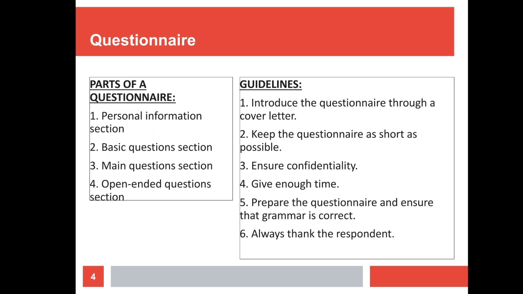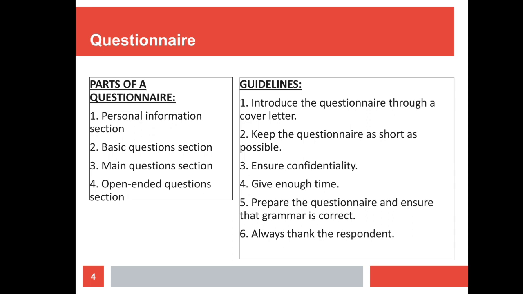Okay. Now, guidelines on implementing your questionnaire. Number one, introduce the questionnaire through a cover letter or through an interview. Let's say, for example, if you're doing a cover letter, make sure that the cover letter is first, and below that is your questionnaire.